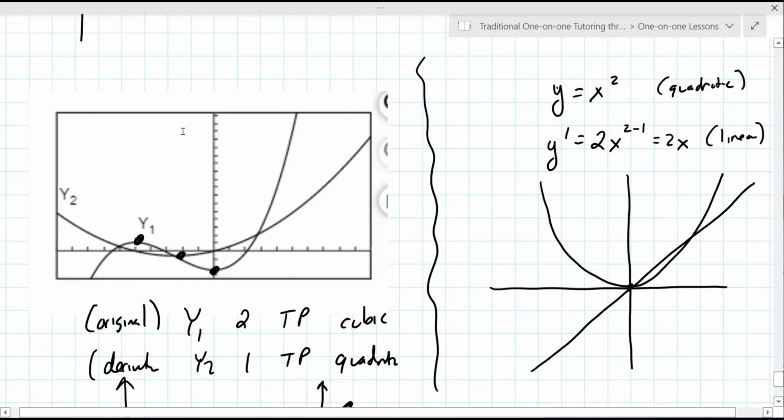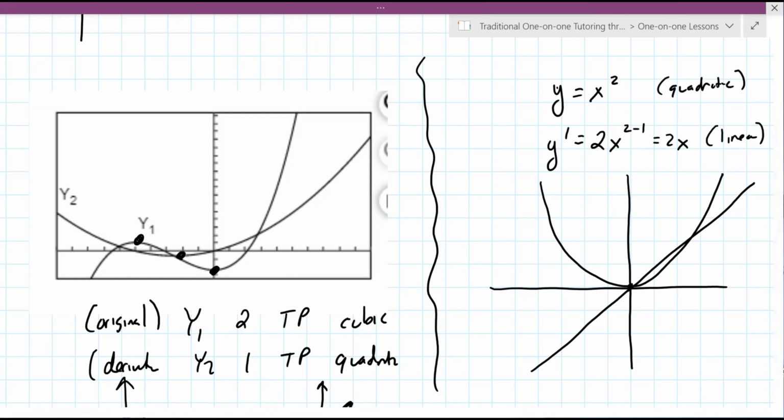So in terms of the answer here, Y1 looks like it's letter A. Okay. Is that everything? It should be. Okay, let me just stop the recording here.